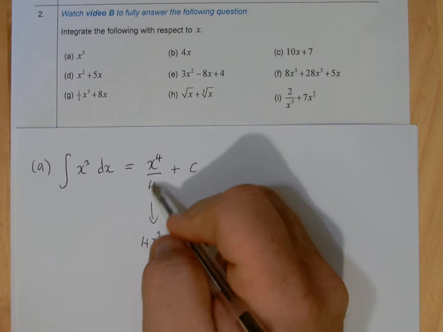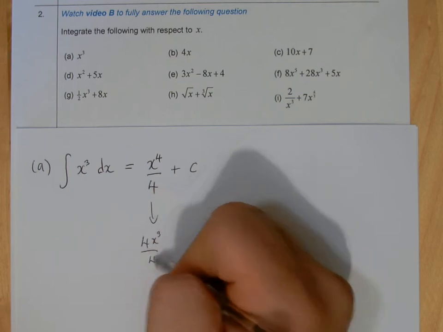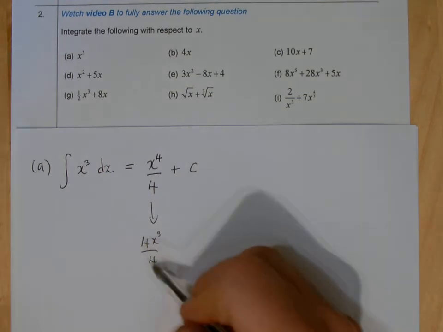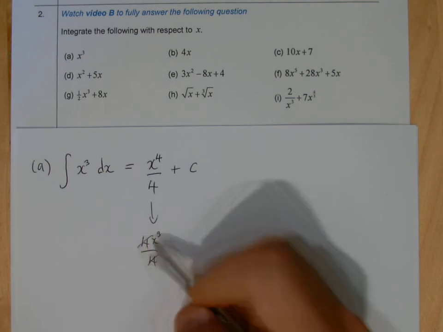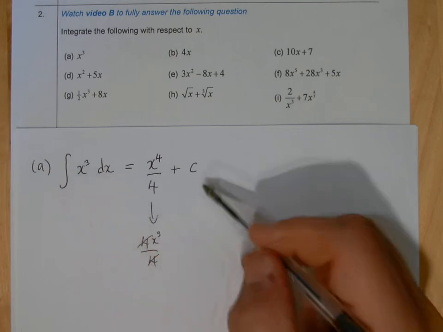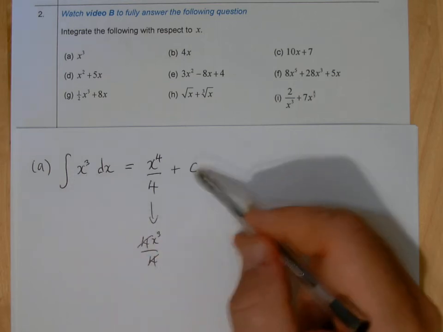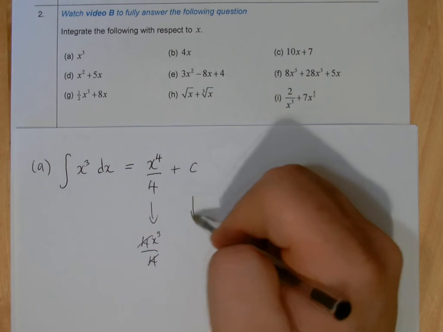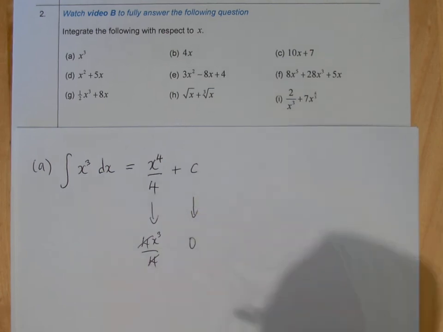And not forgetting that we've got this divide by 4 as well. 4 divided by 4 is 1, so the 4's cancel, and you're left with x cubed, which is what we started with. The constant is just a number, so when you differentiate it, it would be 0, so we do indeed get what we started with.